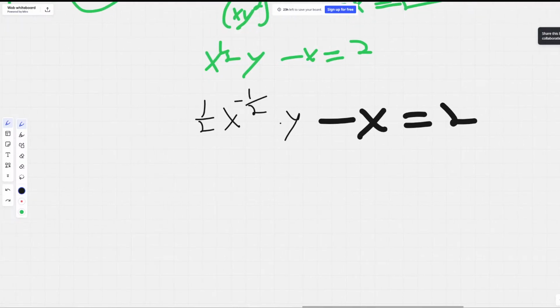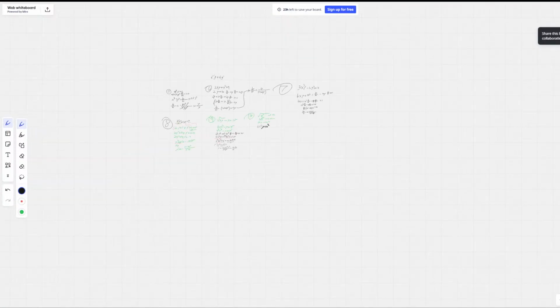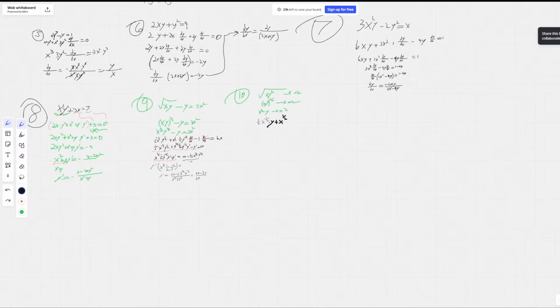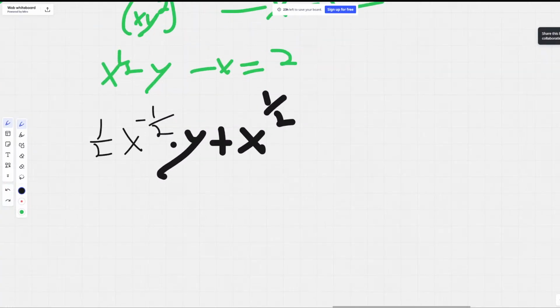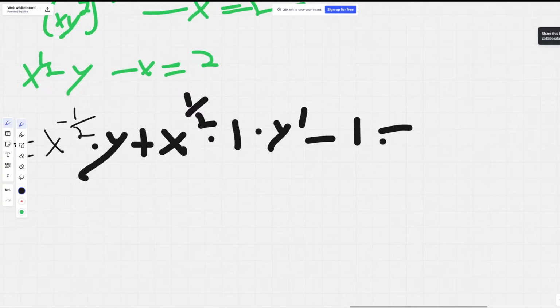Okay, now I'm starting to do the derivative. I did that all wrong. That's y plus x^1/2 times 1, as y is to the first power, times y prime minus 1 equals 0.